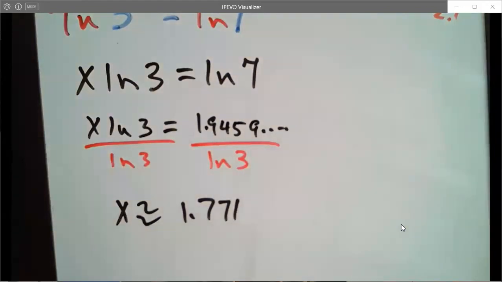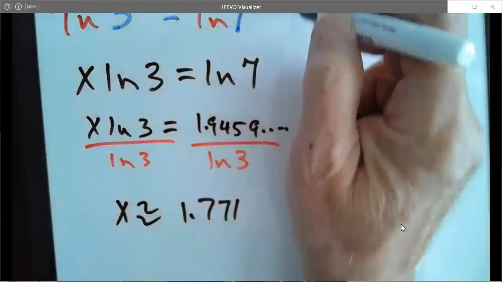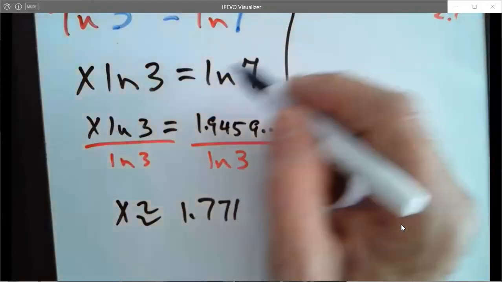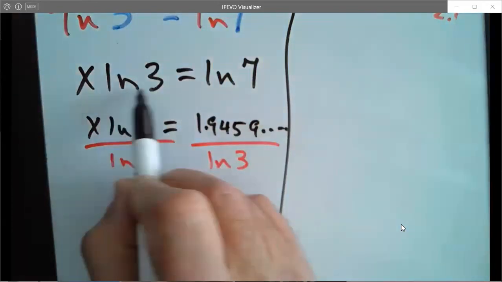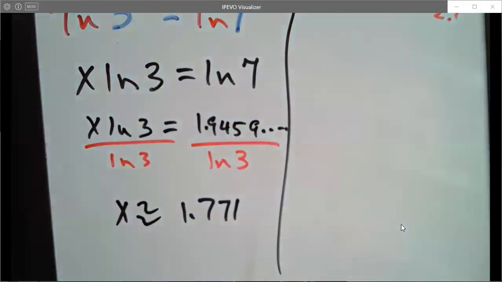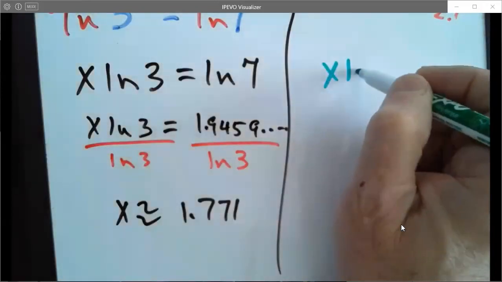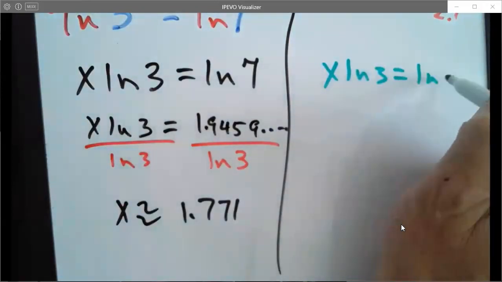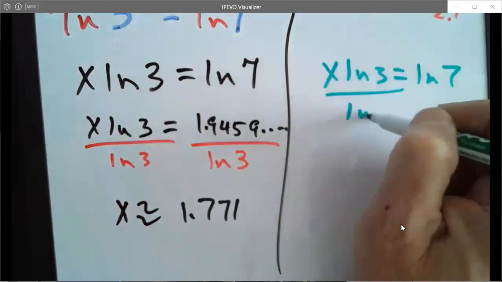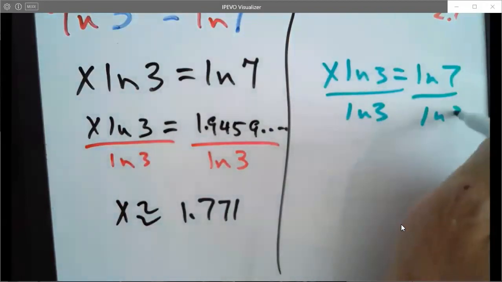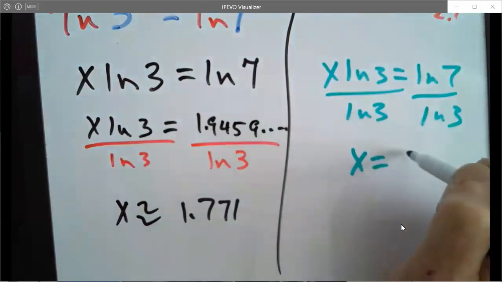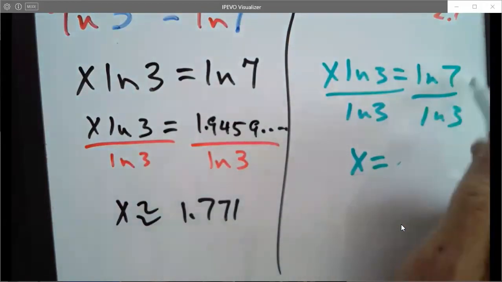So the textbook just goes ahead and writes x natural log 3 equals natural log 7, divide by natural log 3, and you get x equals, and then you can divide.